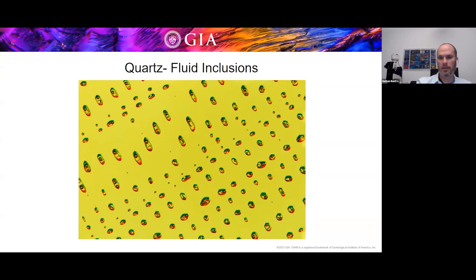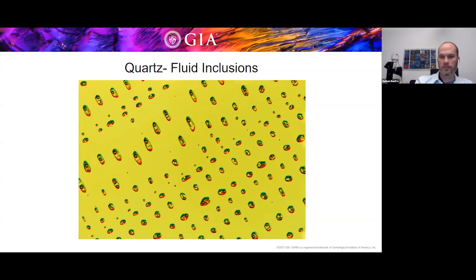And that's where you get fluid inclusions like the ones in this quartz. What we have here is a fracture in the quartz that happened while the quartz was still in the growth environment. That fracture allowed fluid, or nutrient solution, from the growth environment to enter. And then the fluid helped to repair that fracture, and in doing so, it created all these little negative crystals.